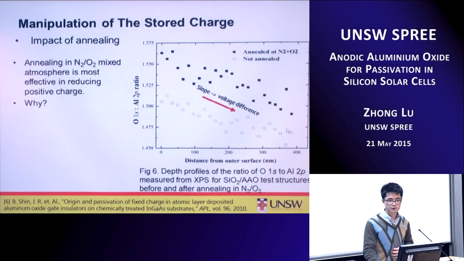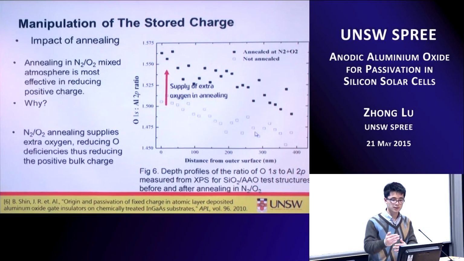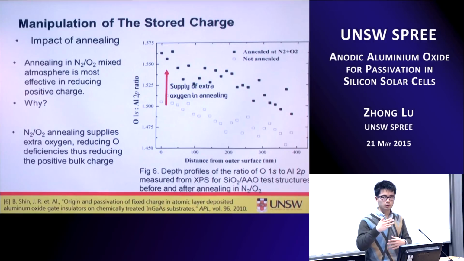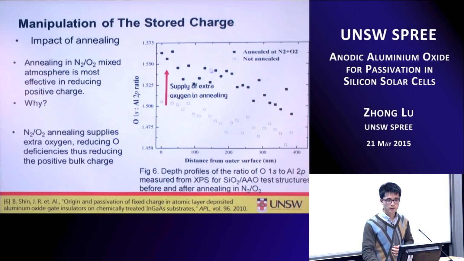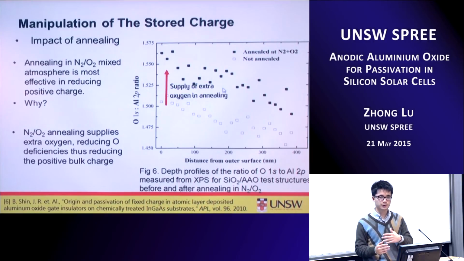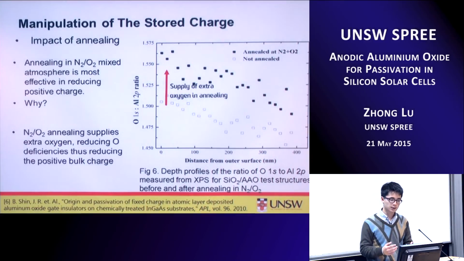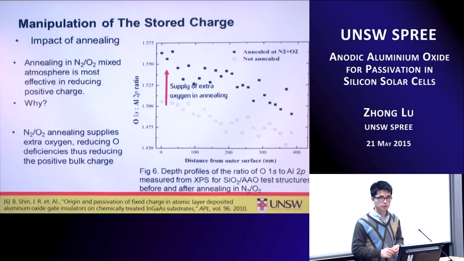So you will see this slope. After the annealing, you can see a strong shift of this oxygen to aluminium ratio over the whole volume. So we increase the oxygen content and reduce the oxygen deficiency, and thus reduce the positive stored charge. And that's what we are seeing in the oxygen and nitrogen annealing.